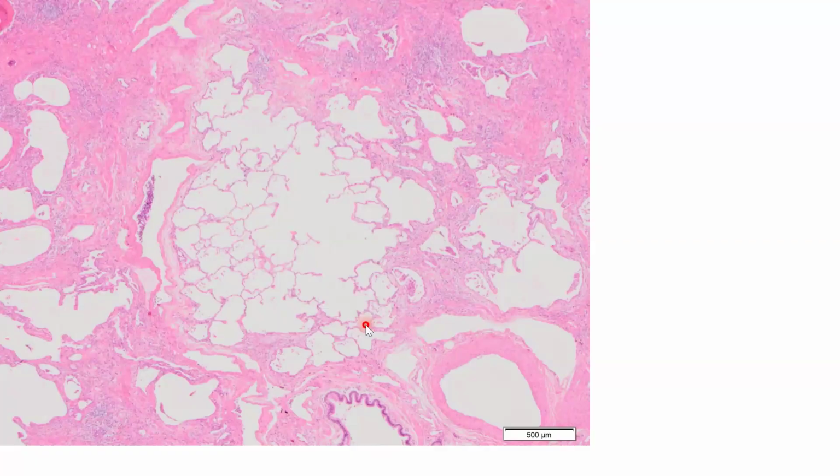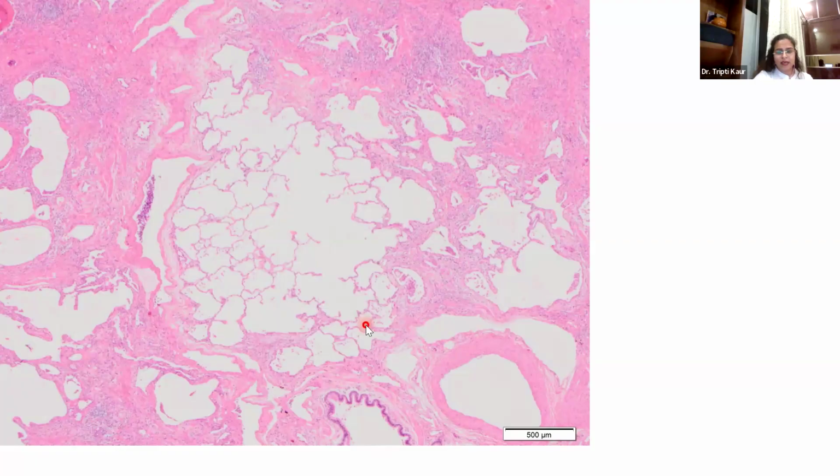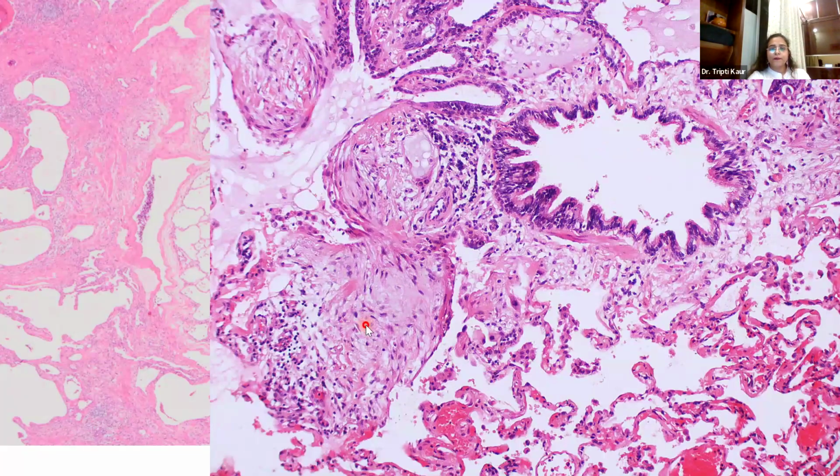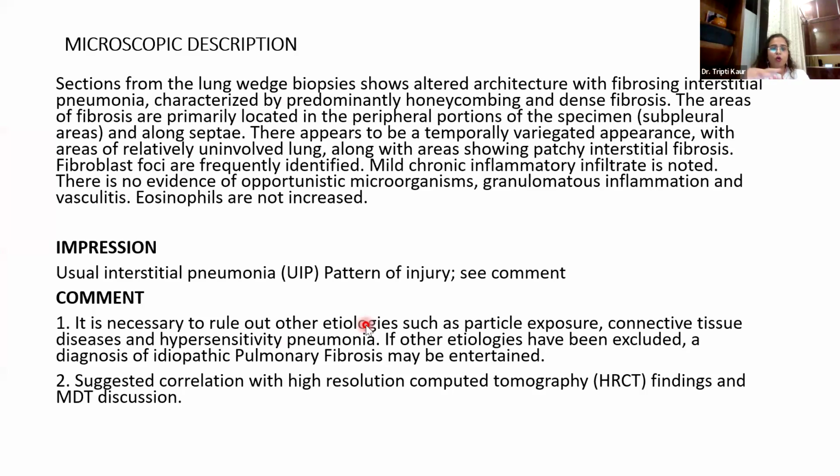Yes, very good. And the mucopolysaccharide material of fibroblastic plug and foci are the same. But the exception is, as you told, the fibroblastic plugs will actually protrude into the alveolar space. However, these fibroblastic foci will generally run parallel to the alveolar wall. So this is a case of usual interstitial pneumonia pattern of injury.